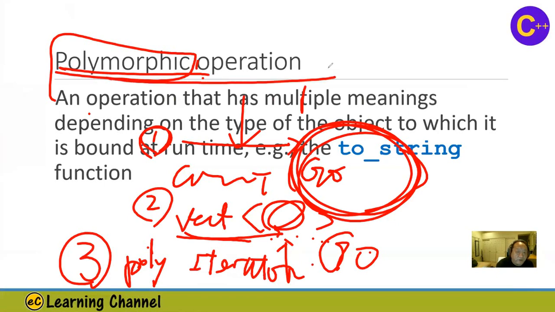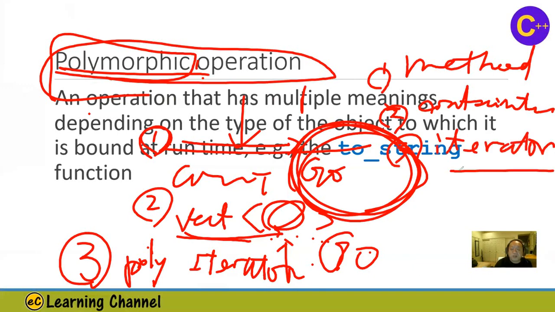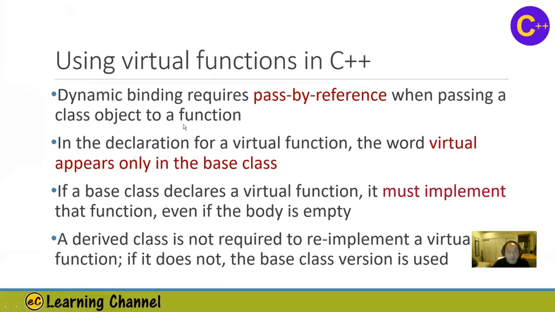So the three types: polymorphic method, or function; polymorphic container, like a vector type of thing; and third, polymorphic iterator, that is for you to do a for-each loop or something. These three are the polymorphism. And the polymorphic method mentioned here is a method that can work on something of different data types. Okay. And the vector we have is a polymorphic container. It contains rectangle, circle, and also square.